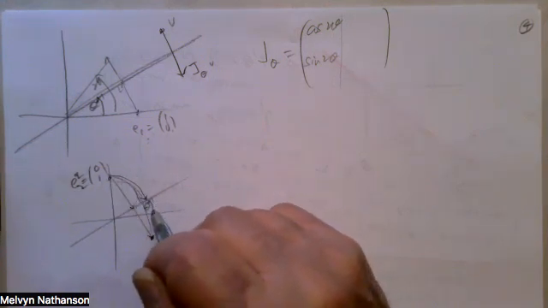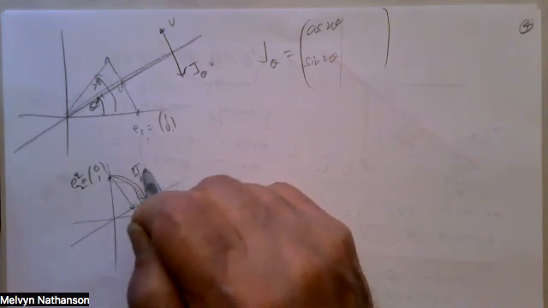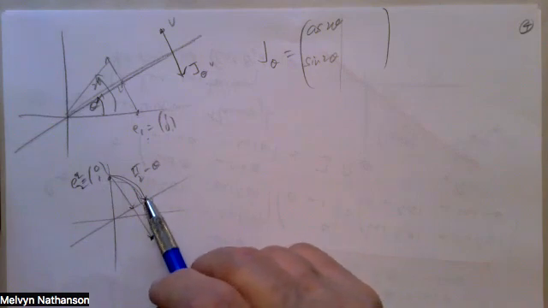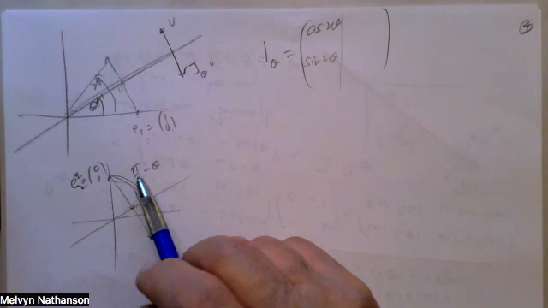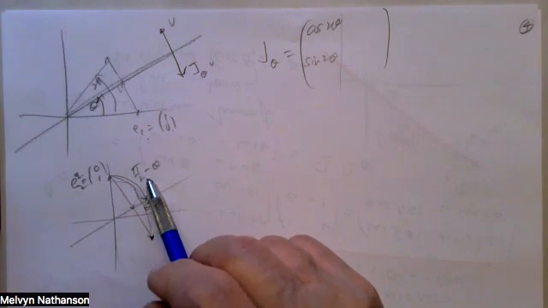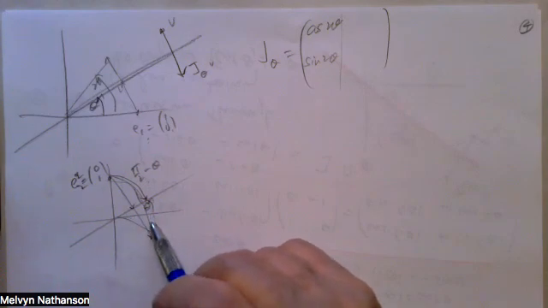What is this angle? Well, if this is theta, and this is pi over 2, this angle is pi over 2 minus theta. And so this is a rotation through pi over 2 minus theta. And then we rotate a second pi over 2 minus theta.